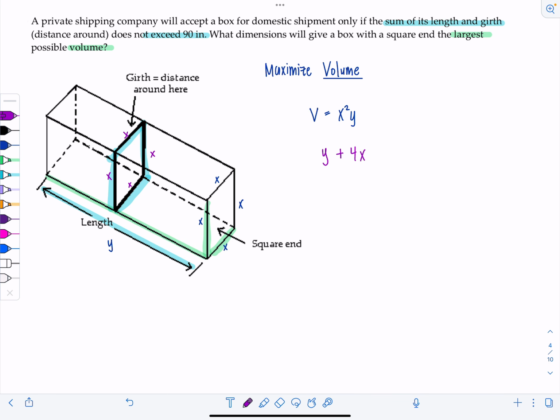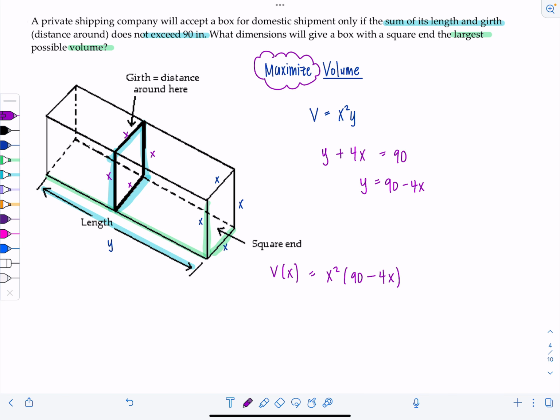It has to be less than or equal to 90, but since I'm trying to maximize volume, I want it the biggest possible, right? I want it to just equal 90. Okay, how is that going to help me? Can I somehow now reduce this to only having one variable? Why, yes. y equals 90 minus 4x. So I can write volume as a function of x now. It's x squared times 90 minus 4x.